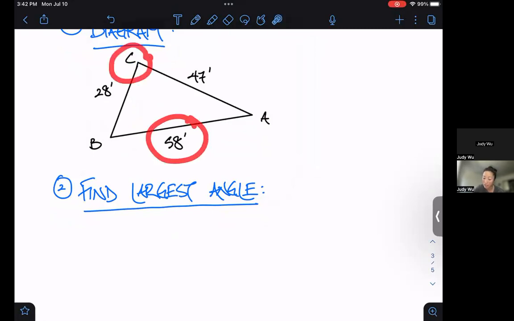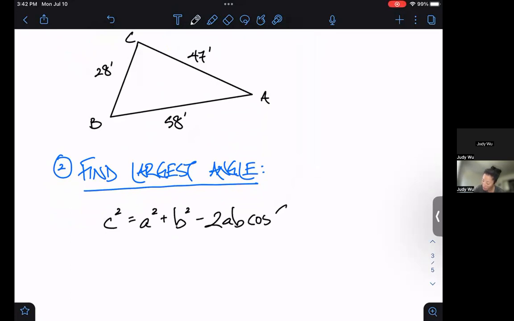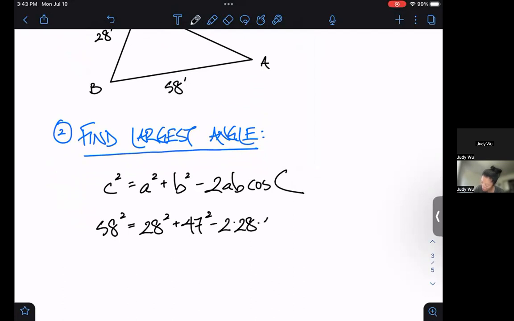That means angle C is the biggest. So I'm going to choose the equation C squared equals A squared plus B squared minus 2ab cosine C. And now I'm going to fill in all the numbers. So 58 squared equals 28 squared plus 47 squared minus 2 times 28 times 47 times cosine C.